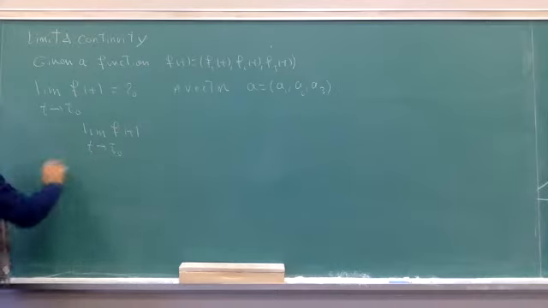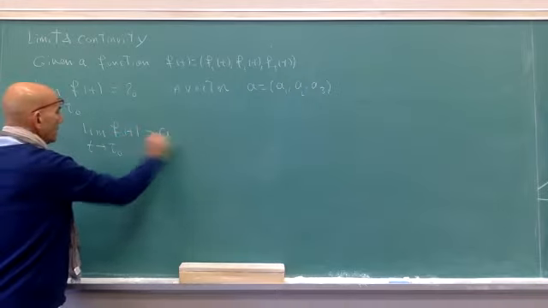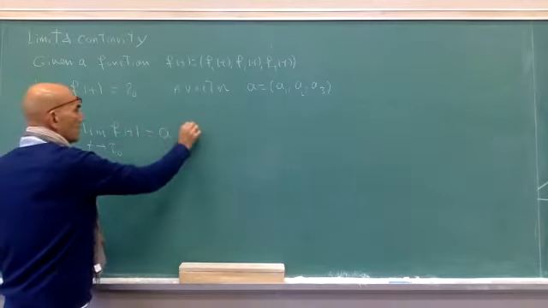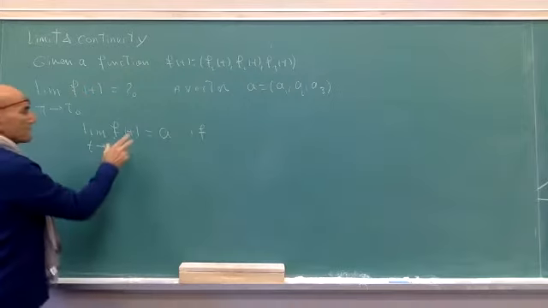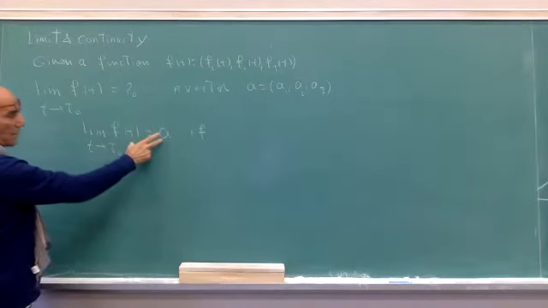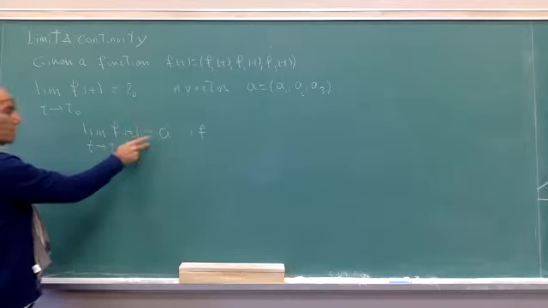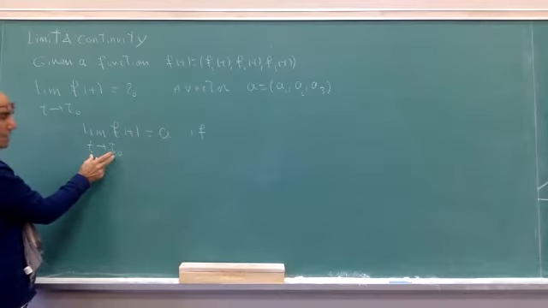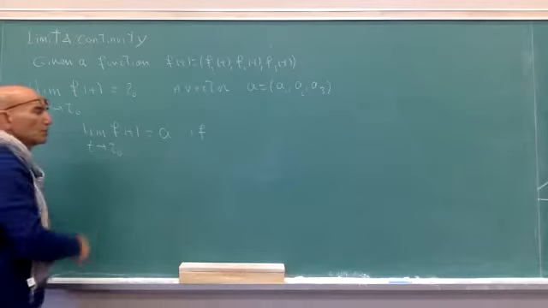So we just say the limit is equal to A as t goes to t0 if f of t gets close to A as much as we want if t gets close to t0 in a suitable way.